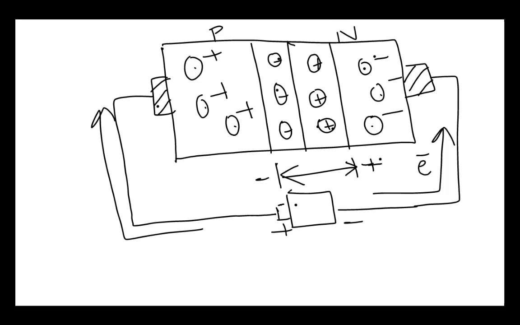This is conventional current. This is electron current. Remember from the previous session that the diode without any connection is in a steady state with the diffusion and drift effects leading to charge movement and the formation of this barrier potential.